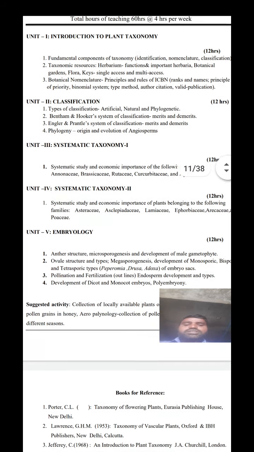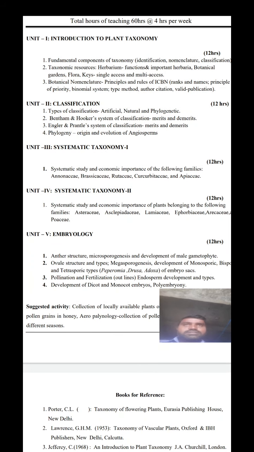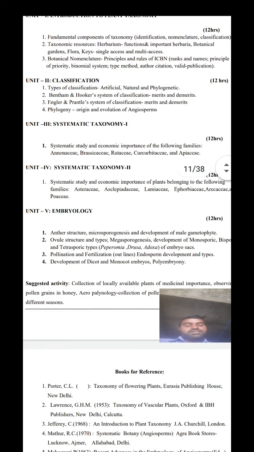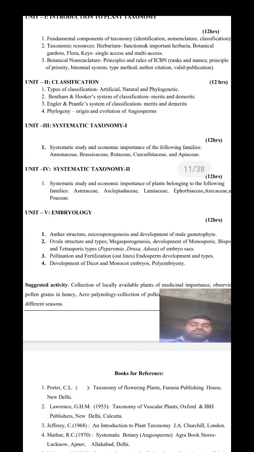Microsporogenesis means male gametophyte genesis, and ovule structure and types, megasporogenesis, which we can also call female gametophyte genesis. And we study the development of embryo sac types, monocarpellary, bicarpellary and tetracarpellary.